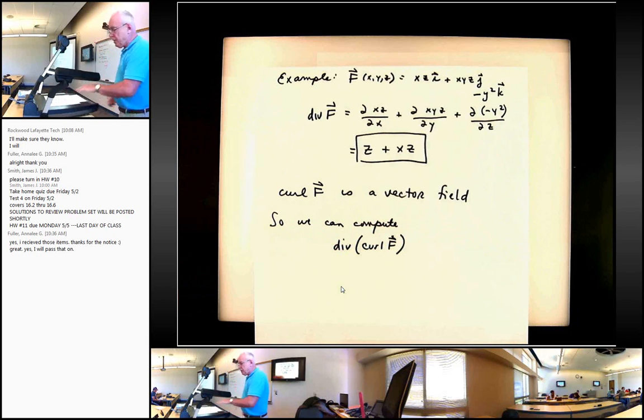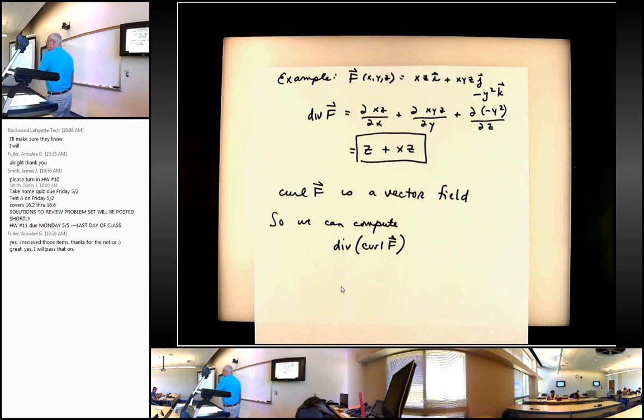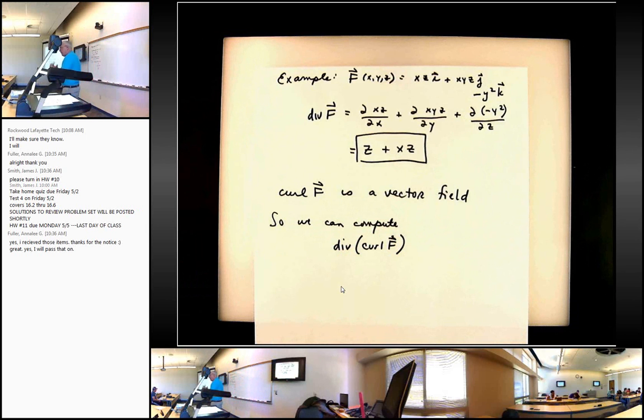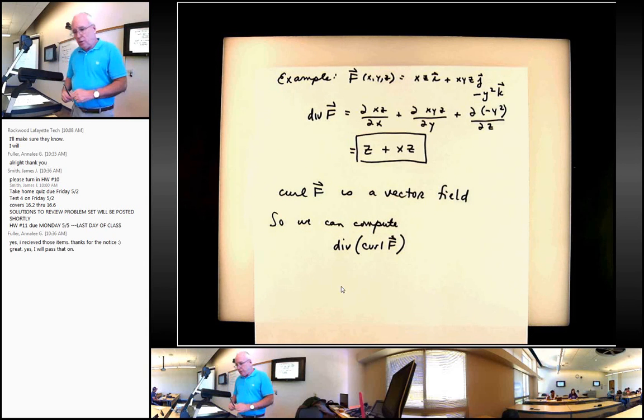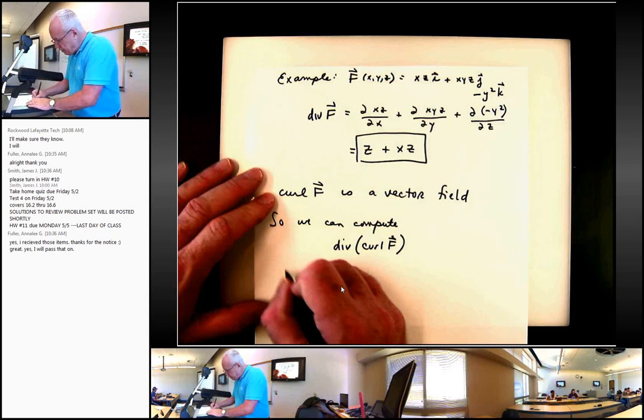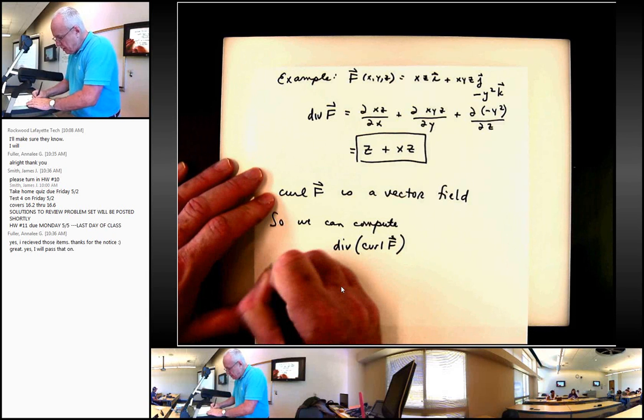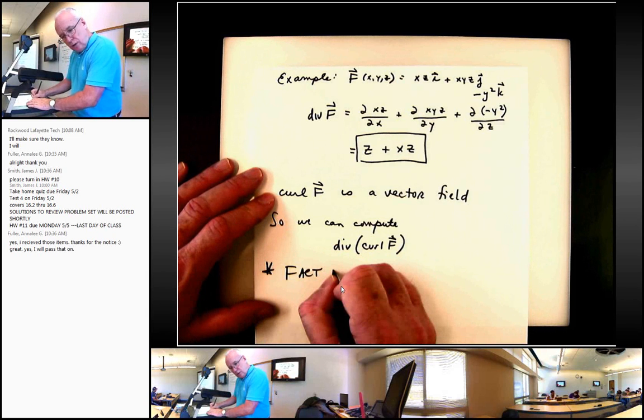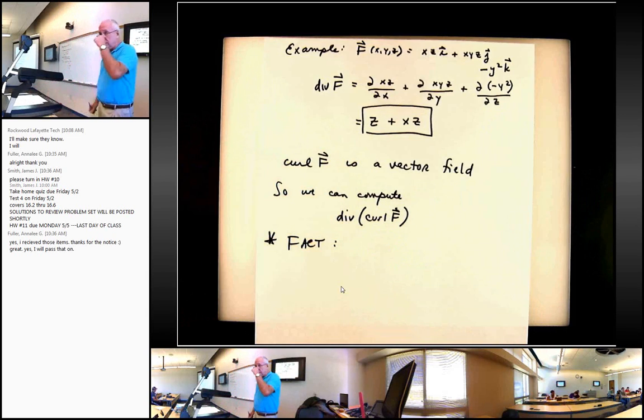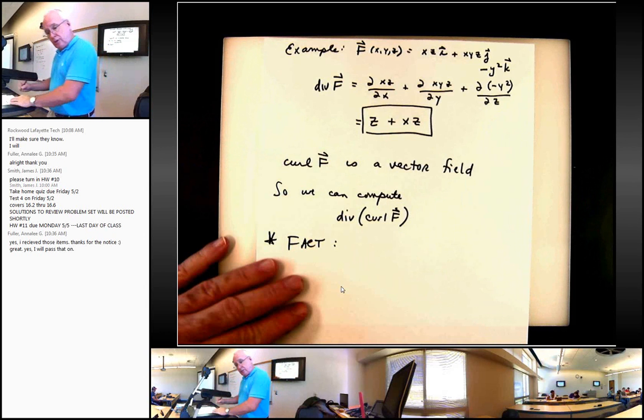So what we do here, we calculate the curl of f first. We get that vector, and then we take the div of that, adding the various partial derivatives together. Well, this is the fact here. There's all kinds of little facts here, so I'm glad you guys don't have to necessarily memorize all this stuff.